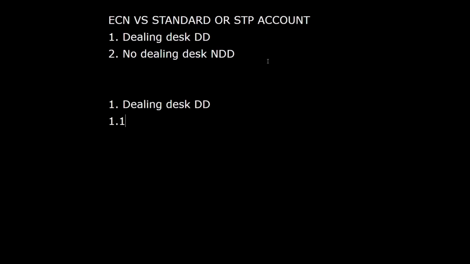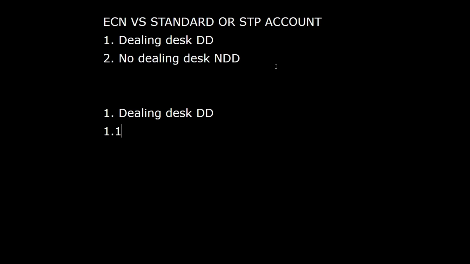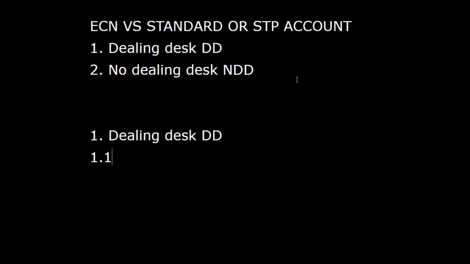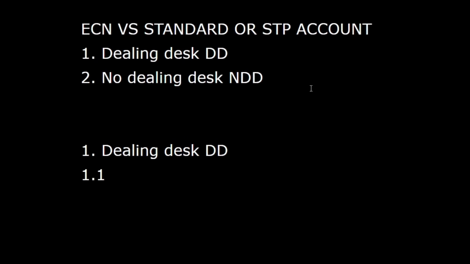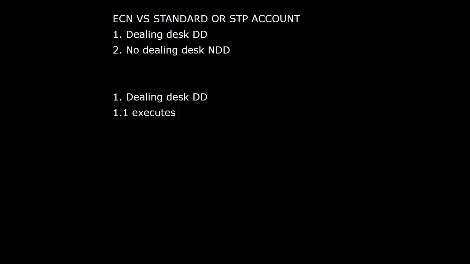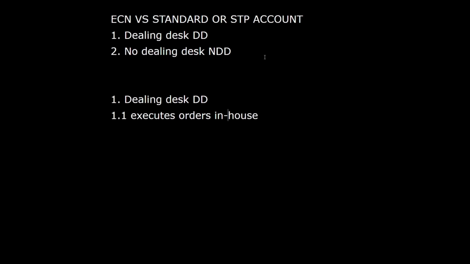The first characteristic of a dealing desk is that a dealing desk broker executes orders in-house in their dealing desk department. Let me just write this down: execute orders in-house. Here is how this happens.